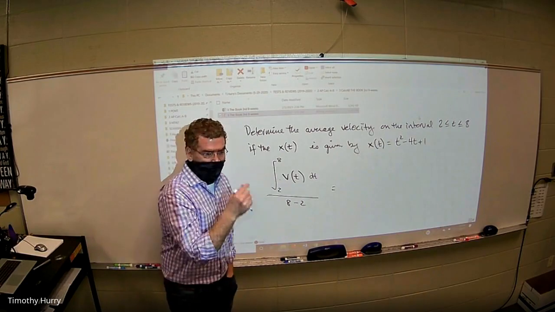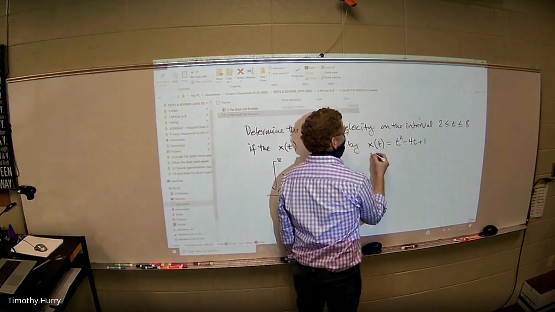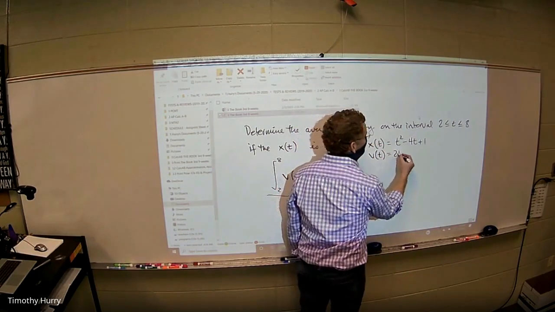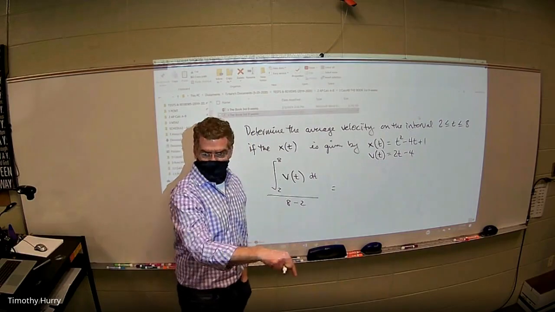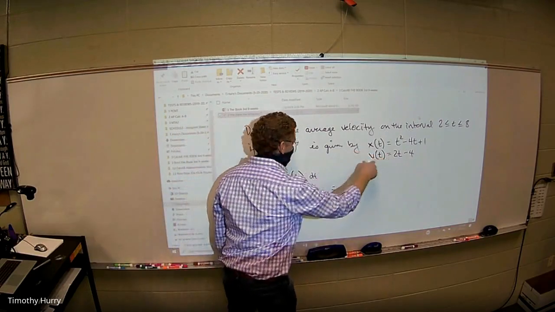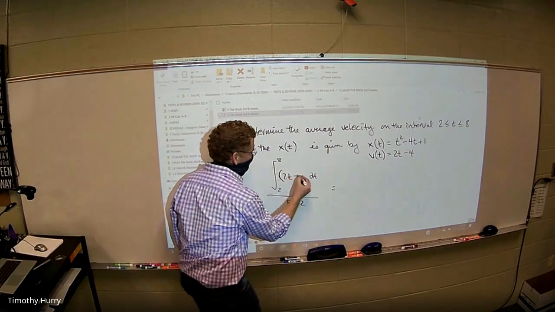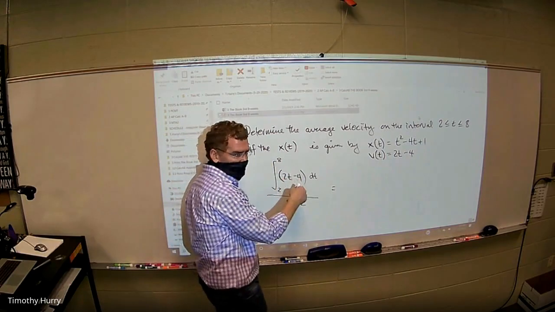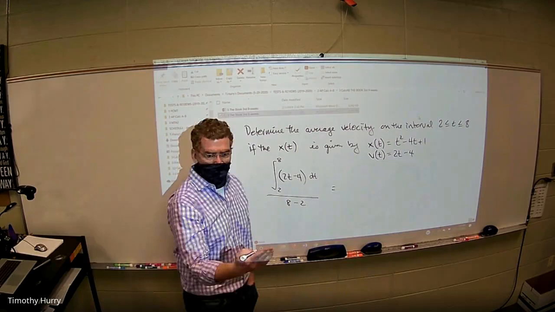I'm going to say it again if your brain's spinning. You could take position, take the derivative of position, and you get velocity. So you could do that if you want. But then if I take this and plug it in there for velocity, what happens when you integrate that velocity? You're getting right back to this position, aren't you?